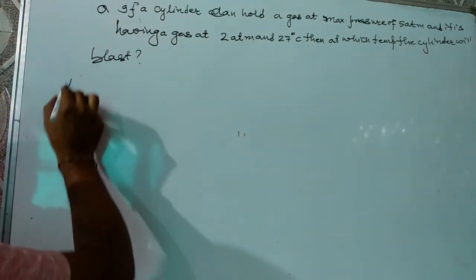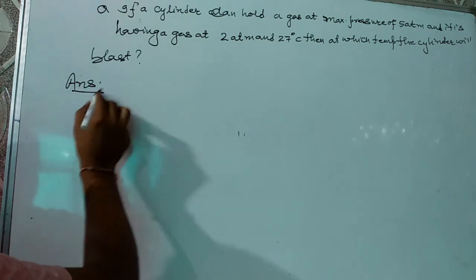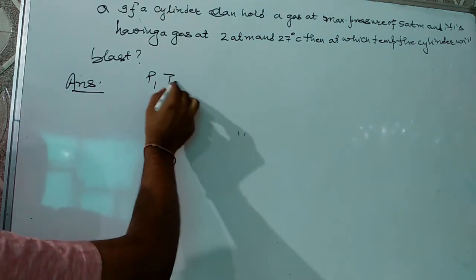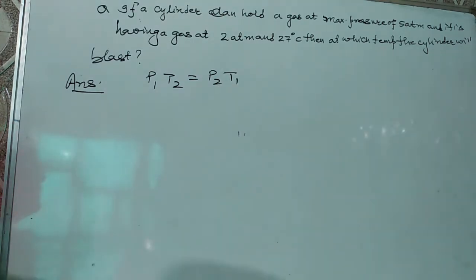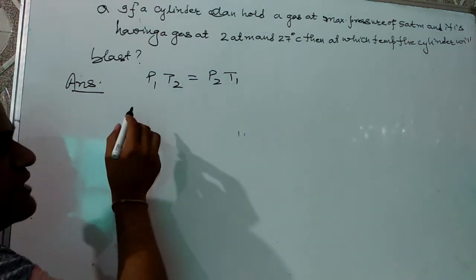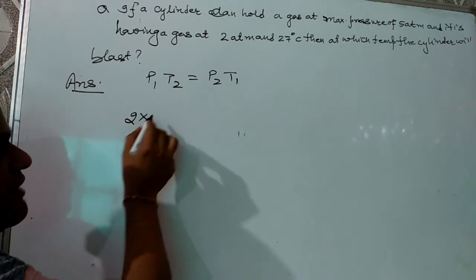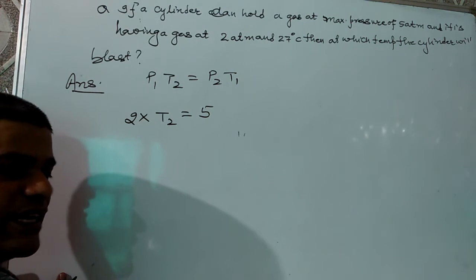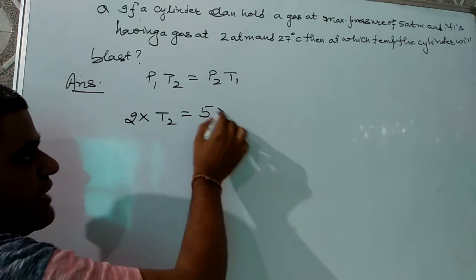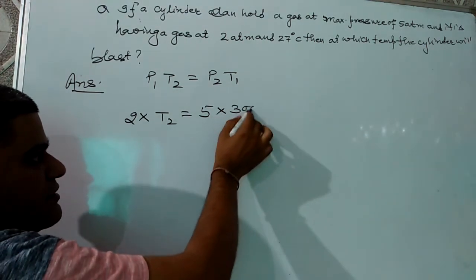Here we can apply the law, which means P1 T2 is equal to P2 T1. P1 is given, that is 2 atmosphere. T2 we need to find. P2 is given, that is 5 atmosphere. Above this, the cylinder will blast, and T1 is 300.